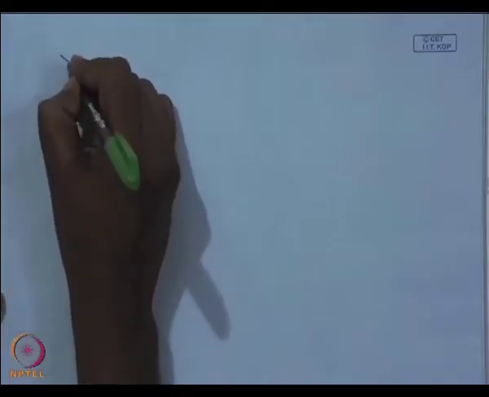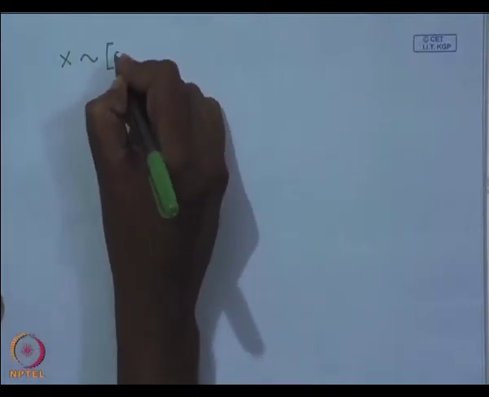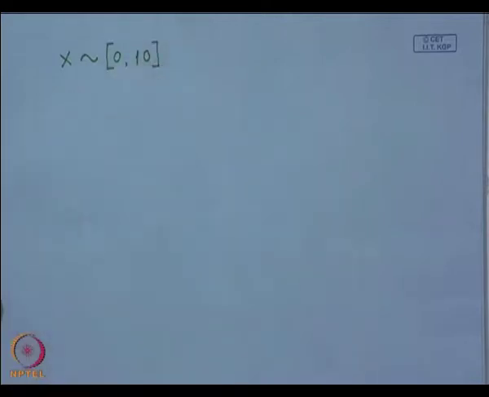Suppose I have a variable x, where the range of x is between, say, 0 and 10. The maximum value that x can take is 10 and the minimum value which x can assume is 0, where both 0 and 10 are inclusive.